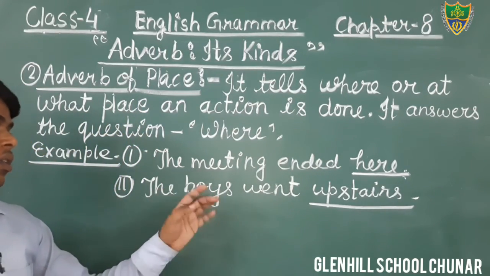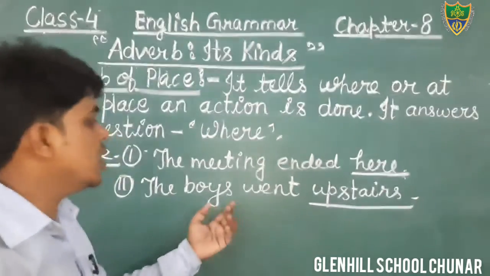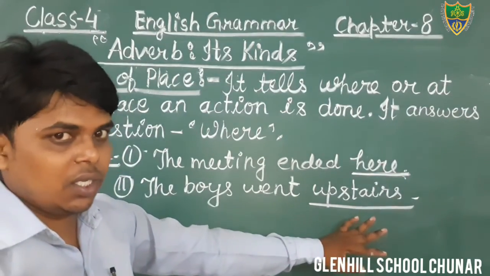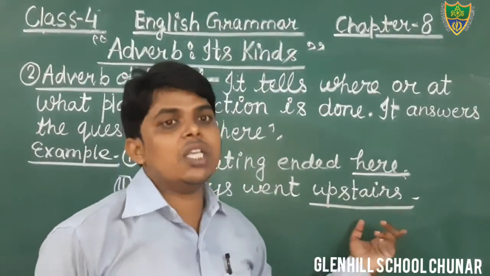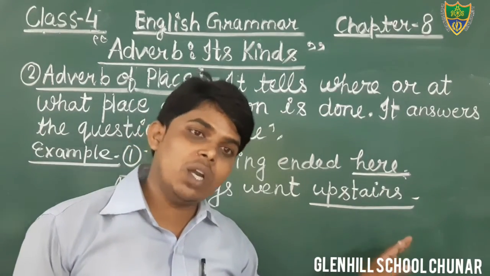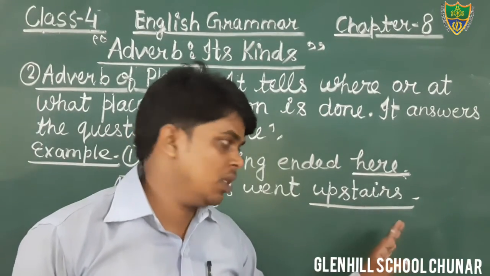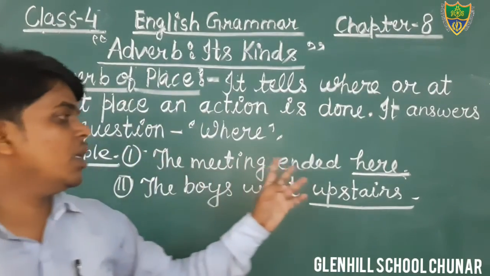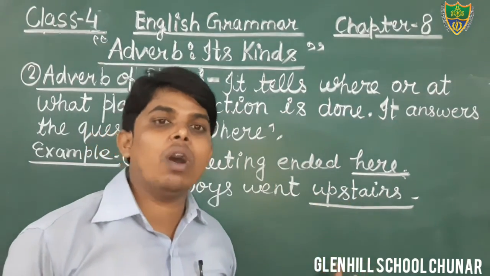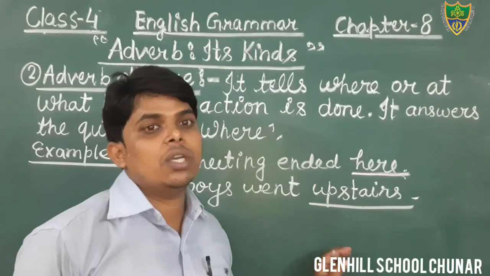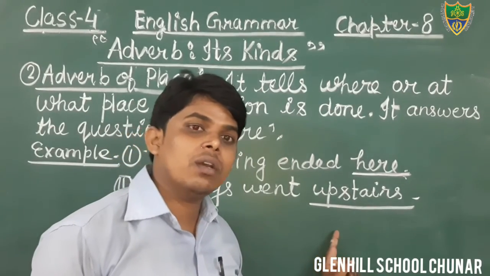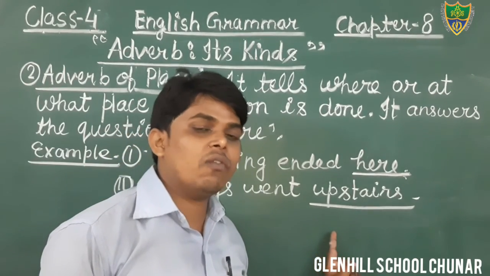Where did the boys go? The boys went upstairs. Okay, students? Here in this sentence, the word upstairs is an adverb of place. In the sentence the meeting ended here, the word here is used as the place of an action. Adverb of place.